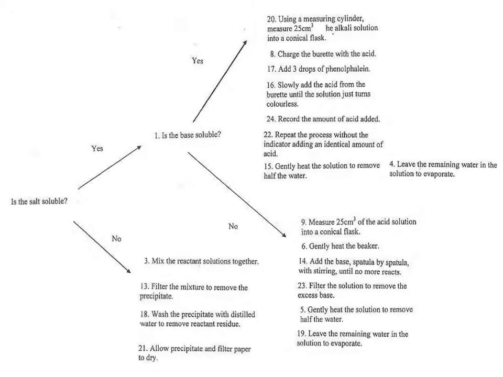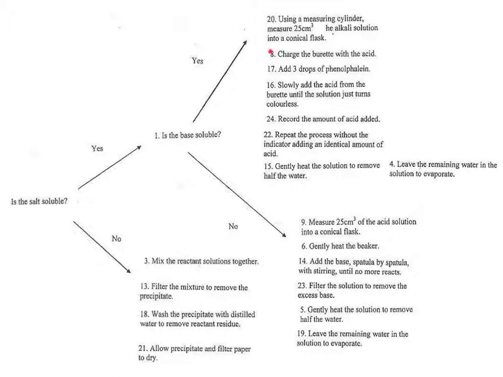Now this slide shows you the decision-making process, if you like, when deciding which salt preparation to use. Now I must apologise, but the numbers, please ignore them. Okay, this is a worksheet taken from a resource I use in lessons, where students get all the sentences jumbled up and they have to arrange it in the right order.